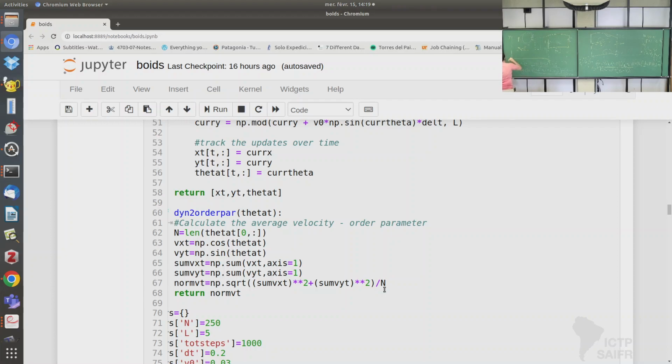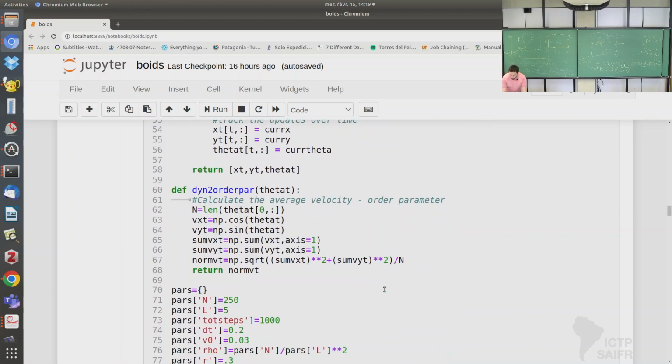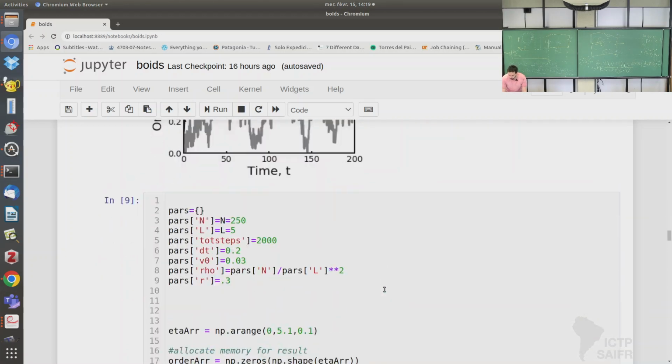Therefore, the average direction, so V_a is going to be equal to 1 over V_0 times the sample average of all of the V's. Okay, this is the average direction. You reproduce the plot I showed you yesterday.